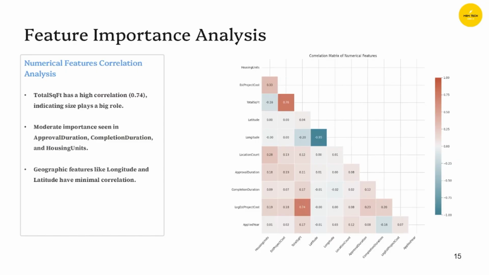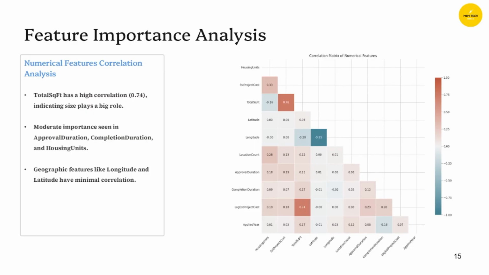Next, another important thing: whenever I'm going to generate any model or do the model training, if there are so many features available, which feature I need to consider, which feature is relevant, is also very essential to understand. There are different approaches available. For numerical features, we can see the Pearson correlation.